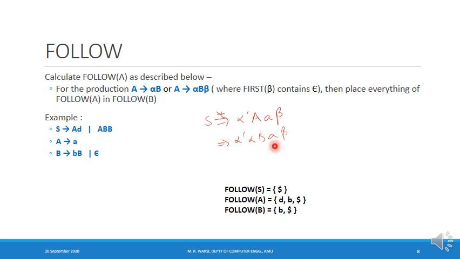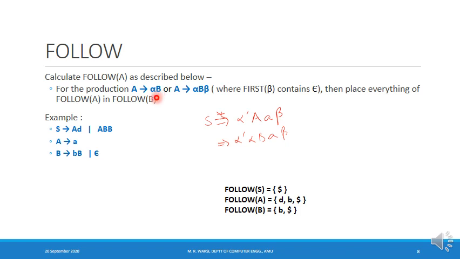I can say that small a is following capital B, so small a will be there in the follow of capital B. So all those symbols which are there in the follow of capital A will also be there in the follow of capital B. So if I have a situation like this, or a situation like this where beta is deriving epsilon, then all the symbols which are there in the follow of capital A will be added to the follow of capital B.